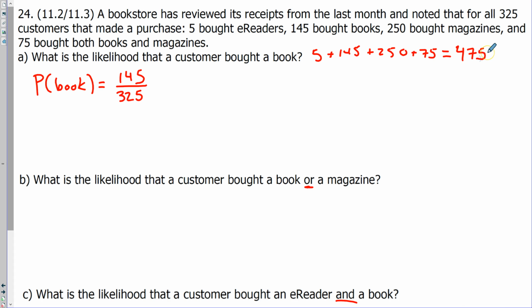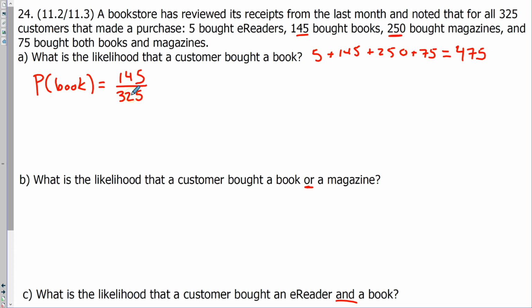So what that's telling me is these 75 people that bought books and magazines are included in our 250 and the 145. That's why we're not getting the same total. So that can happen, that you could have events that fall in multiple categories, and so in that sense they are included in both. So the total is the 325, not the 475. So be aware there is that little added piece here.